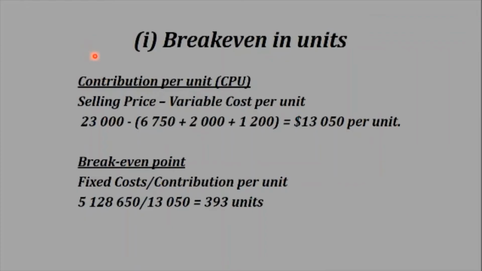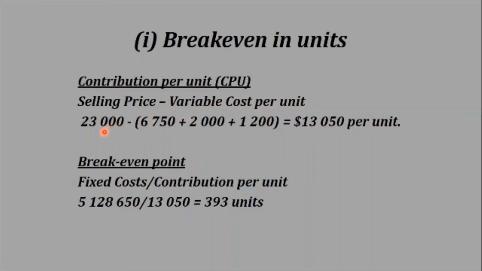First, the break-even in units. Now, as we go through the calculations, you may want to pause the video and go back and look at the data, okay? So you can get an idea of where these figures are coming from. Contribution per unit must be calculated first before you can calculate the break-even point, because the formula is fixed cost divided by contribution per unit. And to get the contribution per unit, the selling price minus the variable cost per unit is the formula.